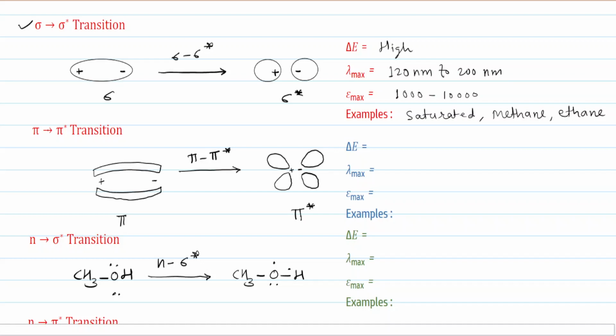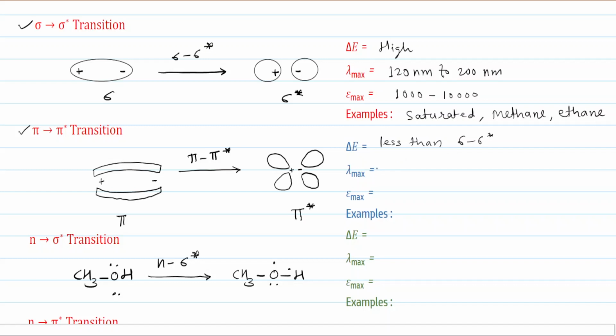Now the second transition from n to v is the pi to pi star transition. Here the pi electron from the pi bonding orbital is promoted to the pi star anti-bonding orbital, and the energy required for the transition is less than that of the sigma to sigma star transition.